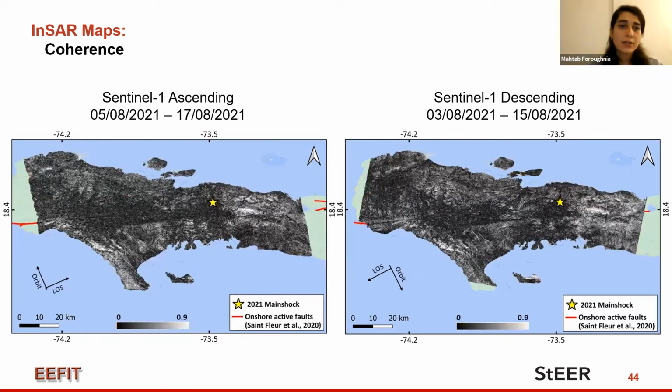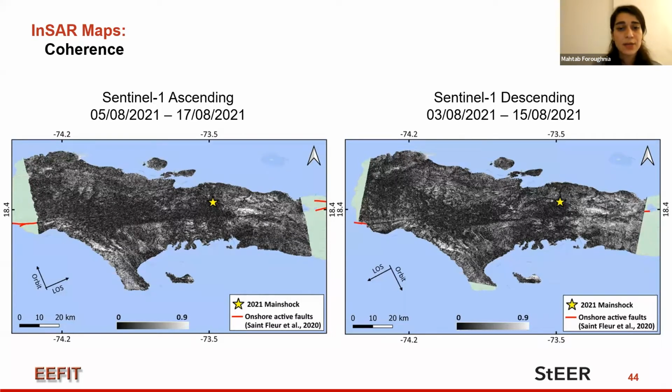Here we see the coherence map, which is another product of the InSAR technique. The coherence map is a measure for the amount of correspondence between two radar acquisitions. When the scattering objects on the ground surface do not change significantly, then the SAR signal is considered coherent in time.